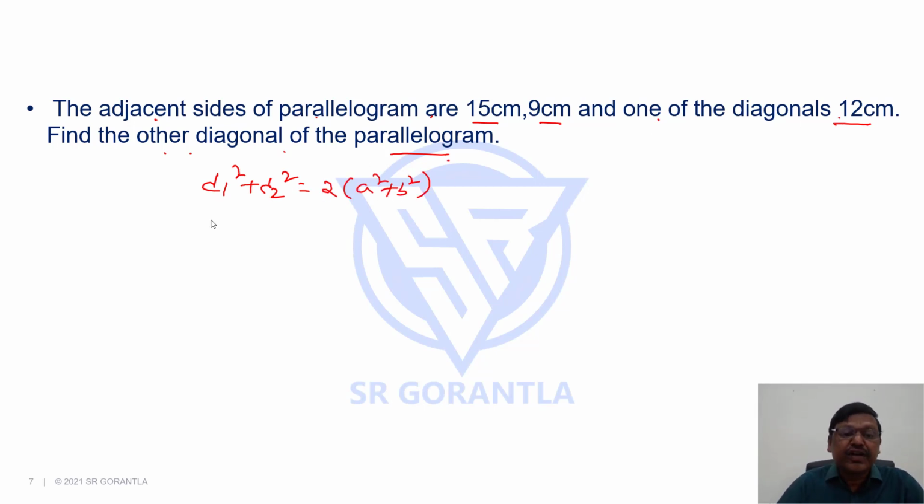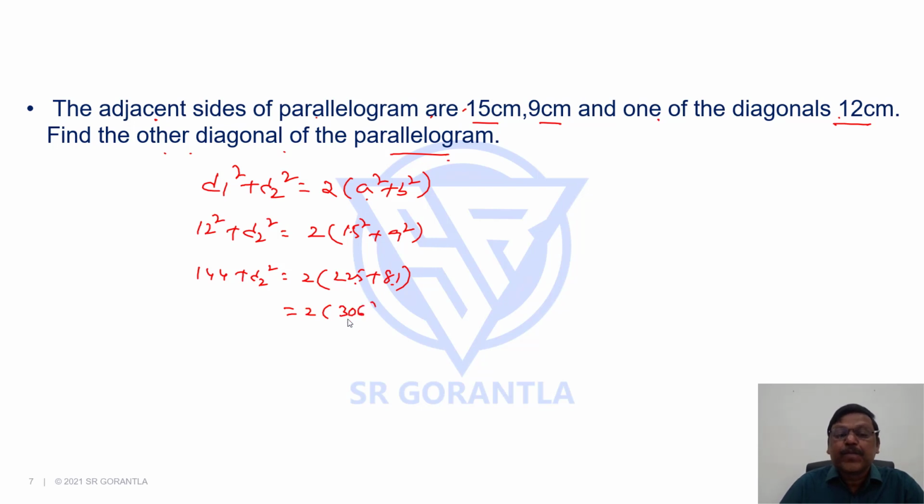And one diagonal is 12, so 12 square plus d2 square equals 2 into (15 square plus 9 square). 144 plus d2 square equals 2 into (225 plus 81). This is 2 into 306, which equals 612. So d2 square equals 612 minus 144.